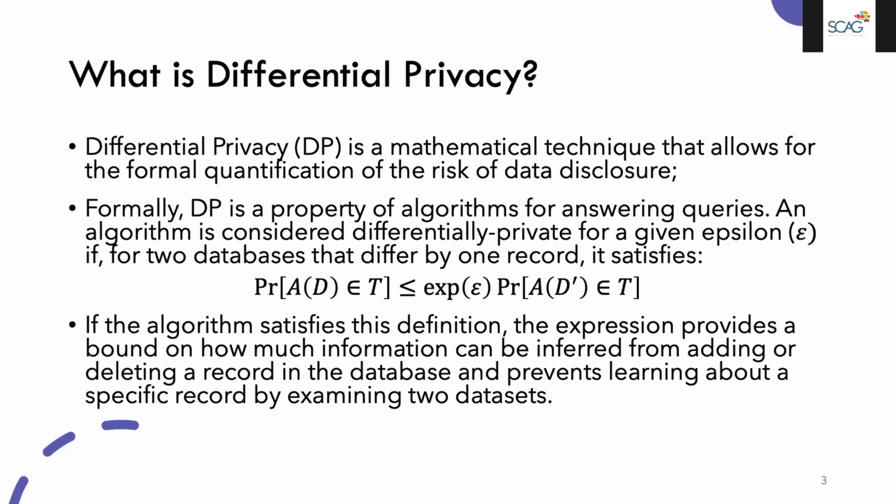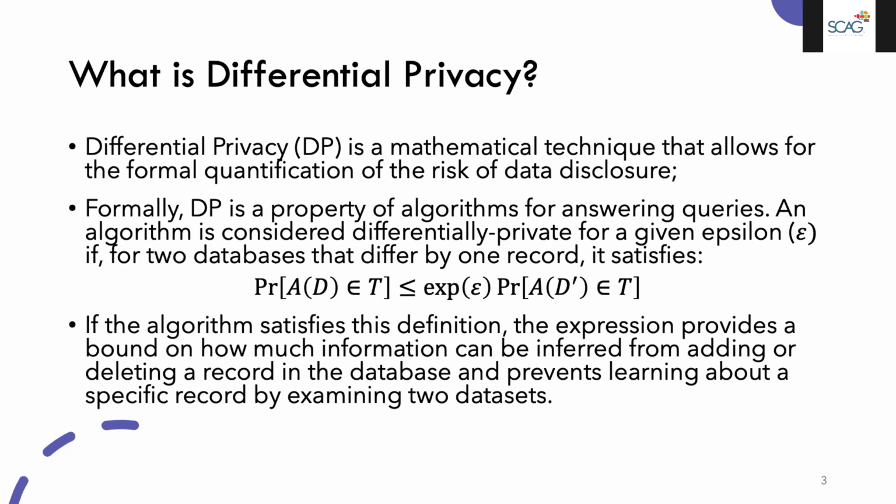So if you have an algorithm, simply a set of instructions to query a database and pull out a statistic, let's say the age ranges for people within a certain county, that algorithm would be considered differentially private for a given level of epsilon if, for two databases that differ by one record, it satisfies the equation.